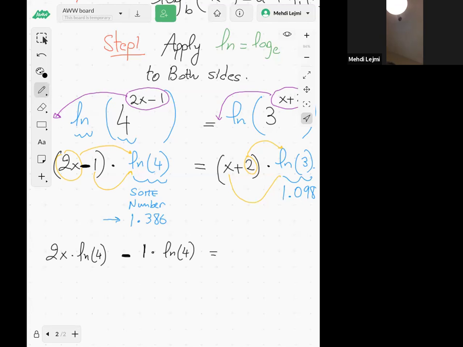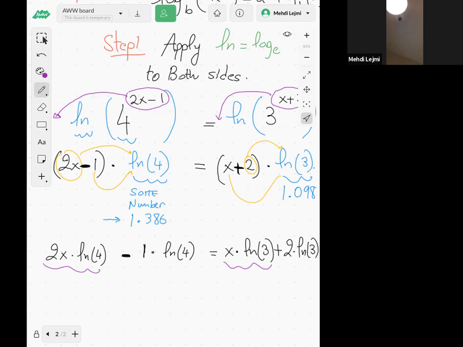And on the right side, it's x times this natural log of 3, and there's a plus, so it's 2 times this natural log of 3. All right, so it's just some equation with x. There's an x on the left side, as you can see, and there's another x on the right side.